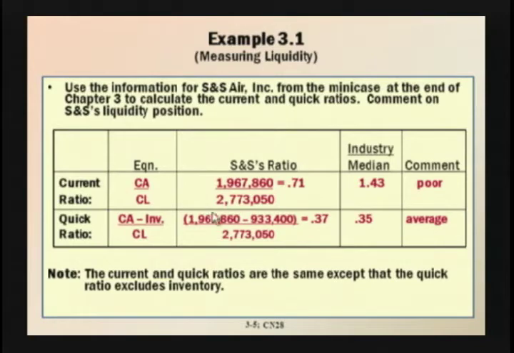We don't know. We need to know more about that inventory. If we ignore the inventory, S&S compares actually slightly favorably against its industry competitors. So if inventory is not terribly liquid, and we would be justified in excluding it, taking it off, and measuring liquidity by the quick ratio, then S&S is in okay shape liquidity-wise as measured by the quick ratio.